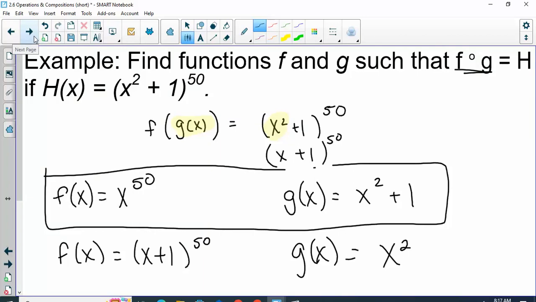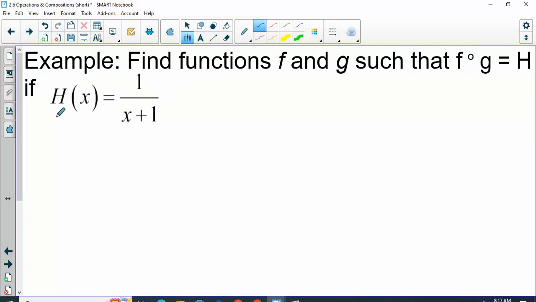Let's try another one. So it tells me f composed with g is equal to h.